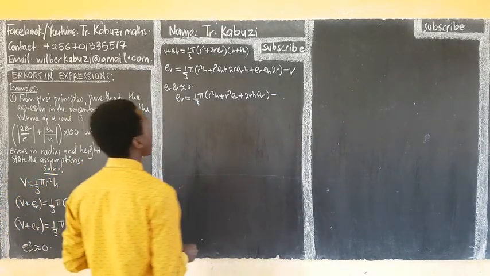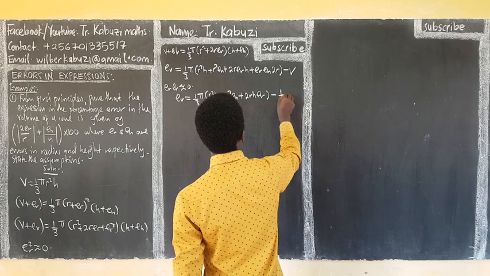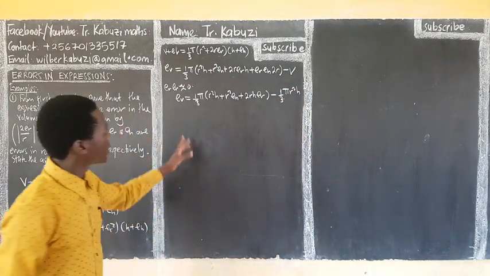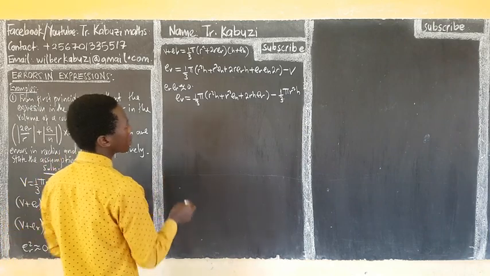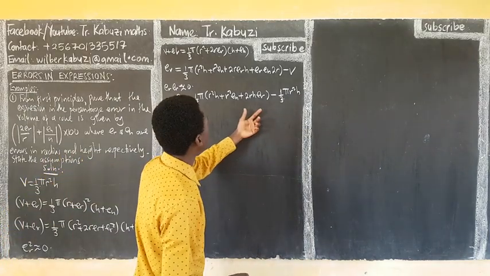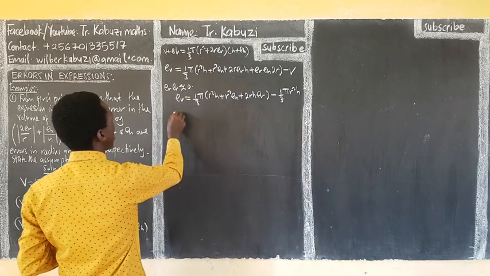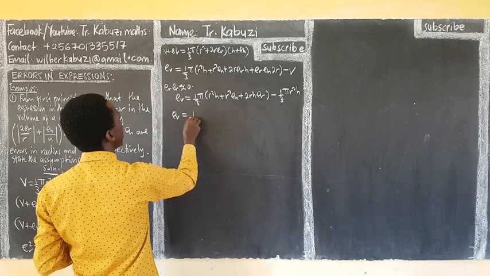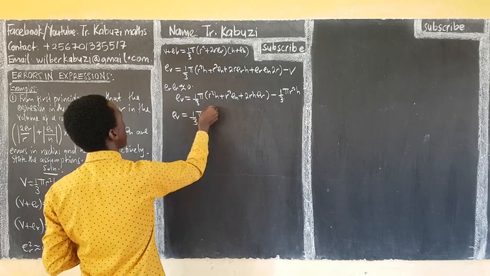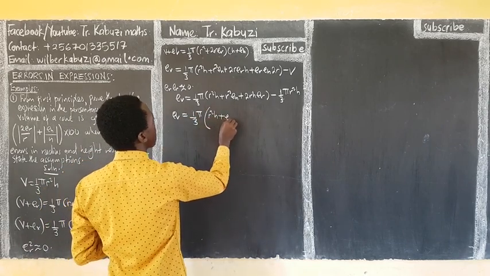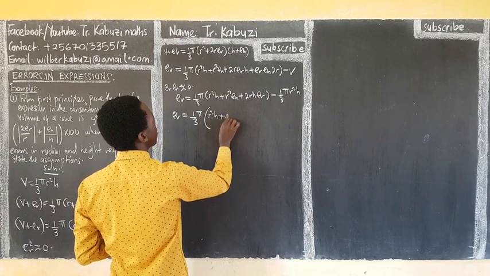Our V is a third pi r squared h. So how are we to expand it? Or I can say, if I factorize out a third pi, our EV is going to be, if you factorize out a third pi, here I'm bringing r squared h.